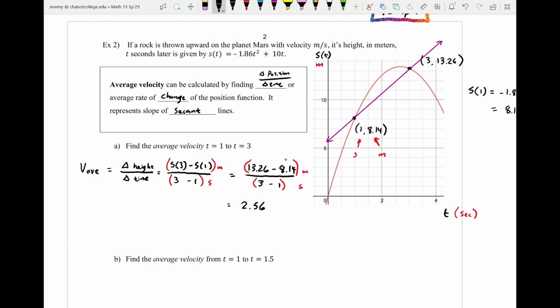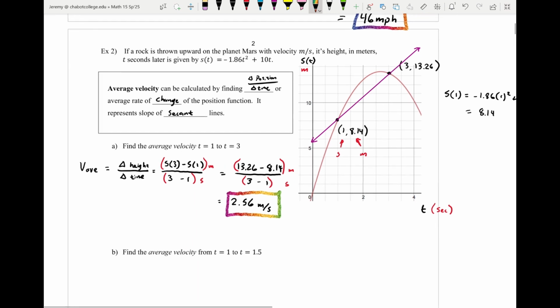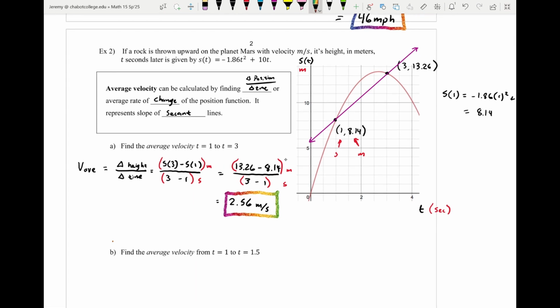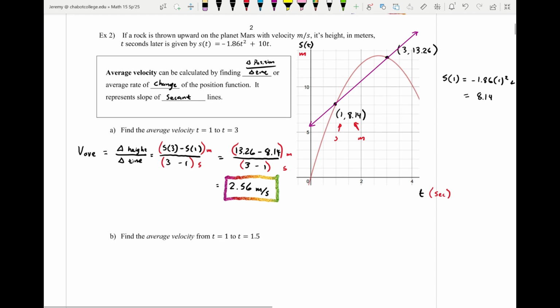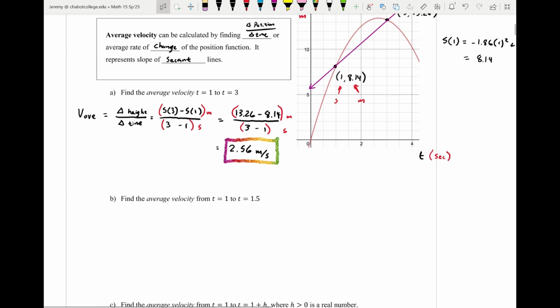We don't have to do a conversion. We just get meters per second right away. So there we go. The average velocity, and again, we're just thinking in the vertical direction, like how quickly is it moving upwards or downwards, over this interval from 1 to 3 seconds is 2.56 meters per second.